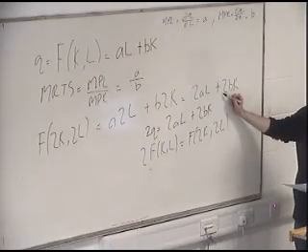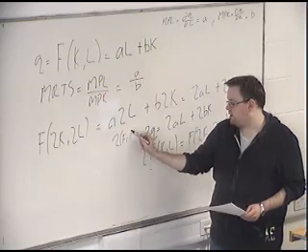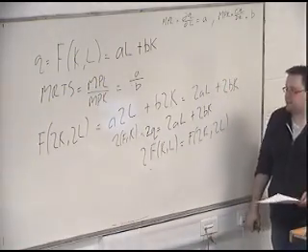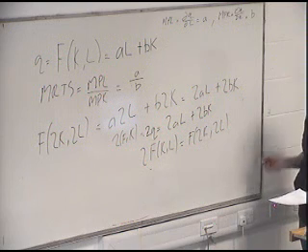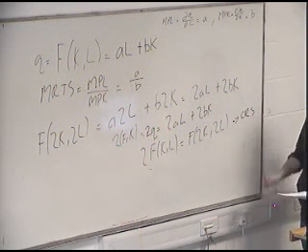Okay, so this is f of 2K and 2L, and this is twice f of K and L. So we can see that they're the same thing, so doubling both of our inputs gives us double our output, so we have constant returns to scale, CRS.